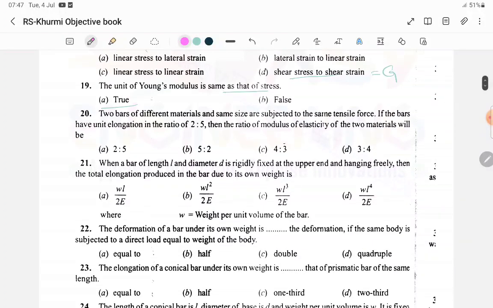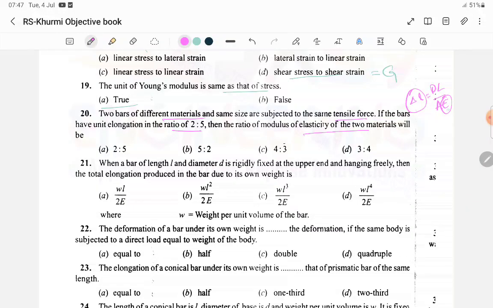Two bars of different materials having the same size are subjected to the same tensile force. If the bars have elongation in the ratio given here, what is their ratio of modulus of elasticity? Just now we saw delta L is equal to PL by AE, where delta L means change in length and E is Young's modulus.